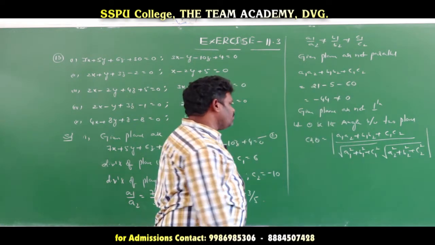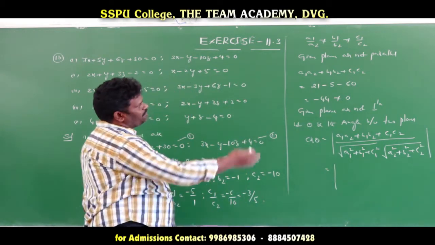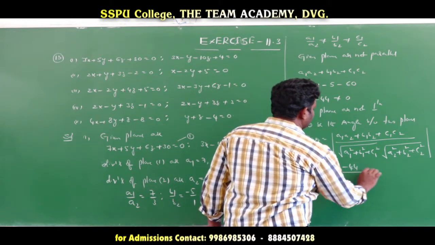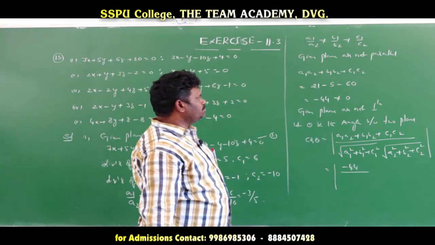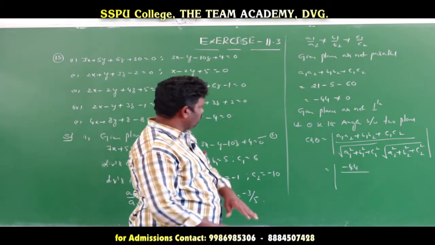Now if you substitute the values, the product we already found is minus 44. Here, 39 minus 44.